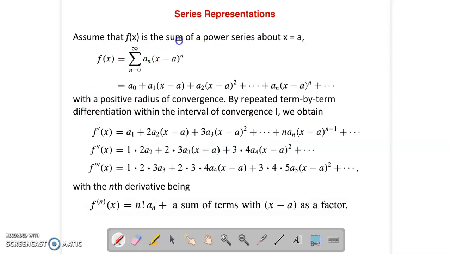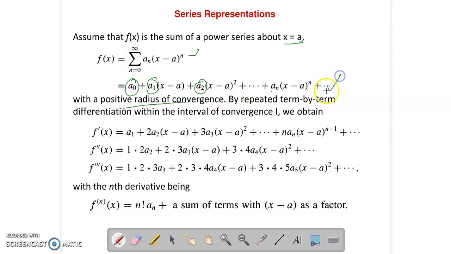So f(x) can be written this way: f(x) = a0 + a1(x - a) + a2(x - a)^2, and we keep on going like this. These are the coefficients a_i which we want to find. We have assumed f(x) is equal to this with a positive radius of convergence.